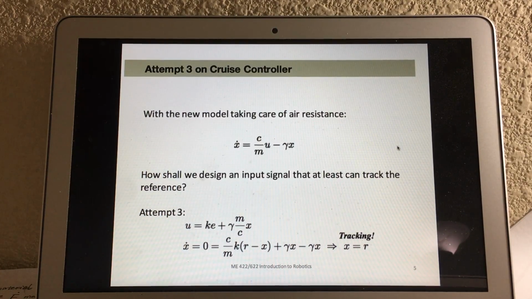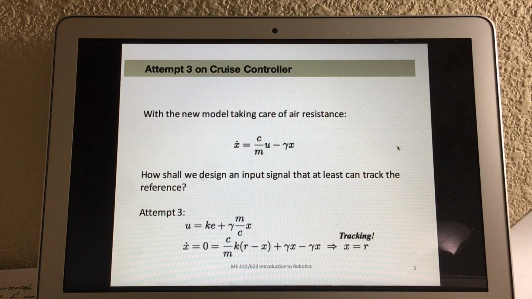So here is our third attempt. We have the cracked model as x dot equals c divided by m times u, minus gamma times x. Why don't we add something to the proportional part, the k times e? Then we can make sure that when everything stabilizes, we should be able to do the tracking.